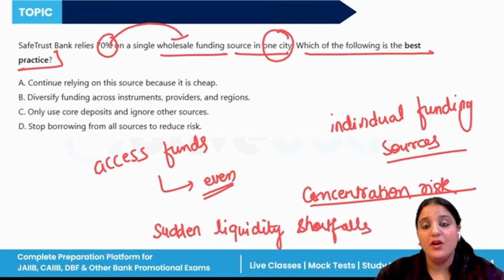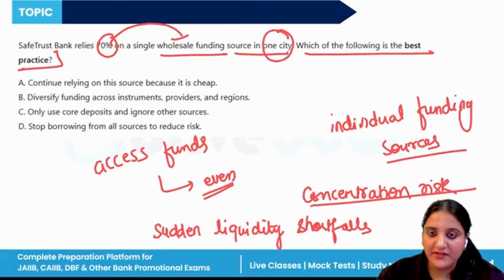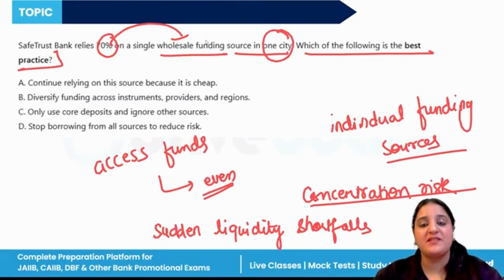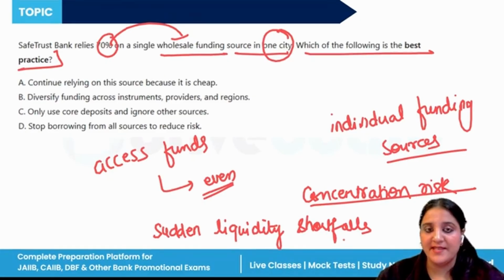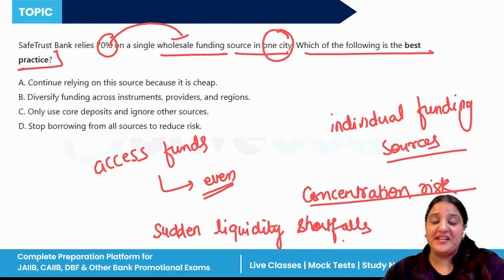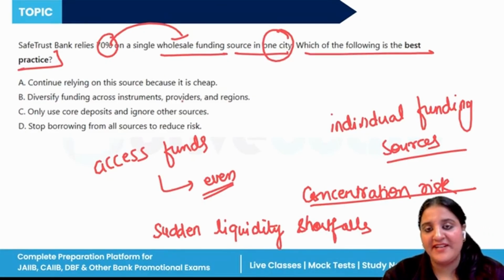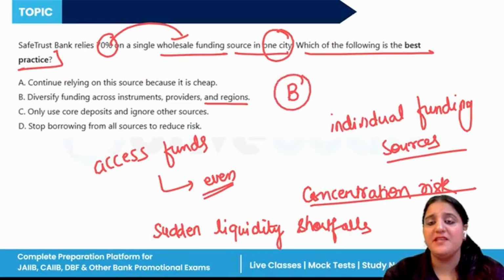Cheap funding is attractive but can be dangerous if the source disappears during stress. So the correct answer is diversifying the funding across instruments, providers, and regions. Option B is correct here.